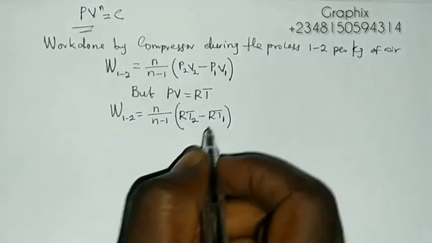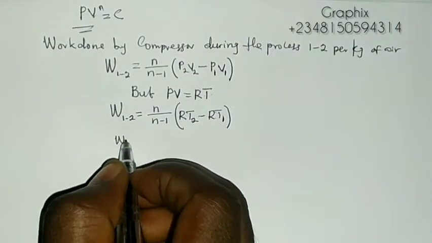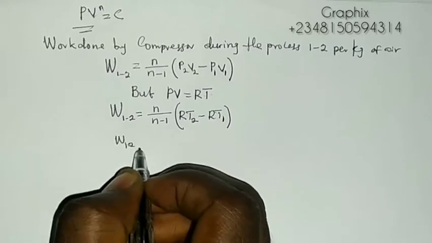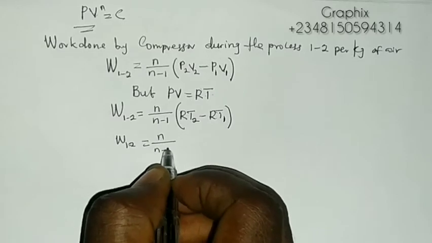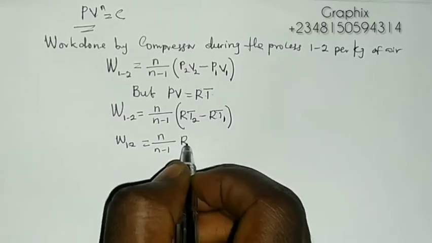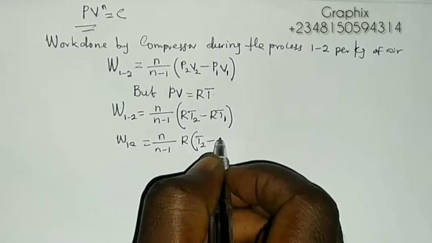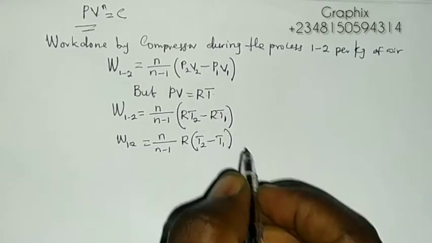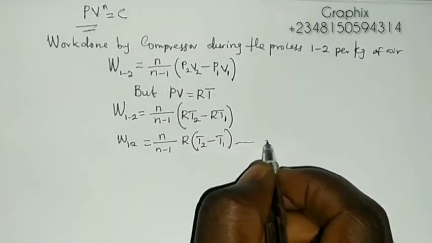So if I rewrite this, my W1 to 2 is equal to n over n minus 1, I'll bring the R out, into brackets T2 minus T1. So this is the work done during process 1 to 2. This is the work done by the compressor, and I'll call this my equation 1.